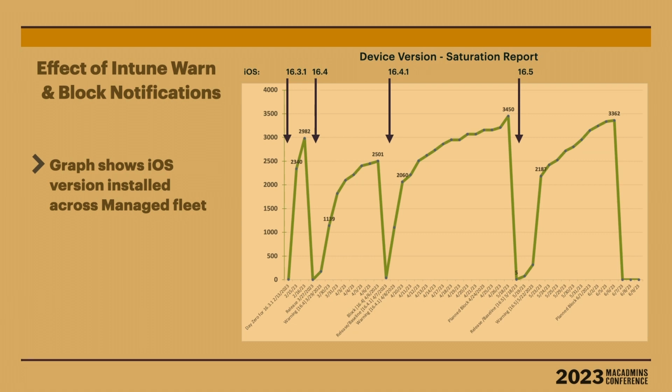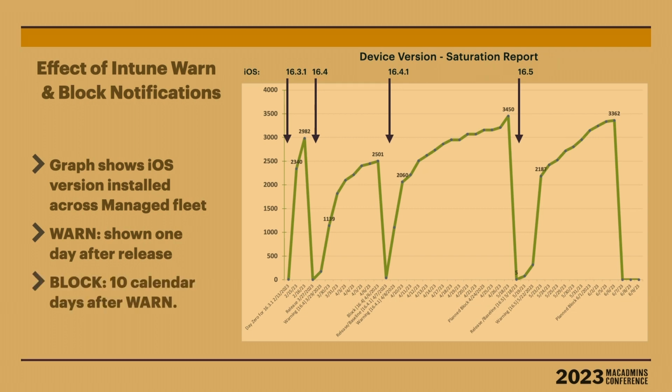And then 16.4 dropped, and those are our numbers. Show of hands, do you think this is impressive? It's definitely effective. It's awesome. This is just the warn after 1 day. We did a block after 10 calendar days.